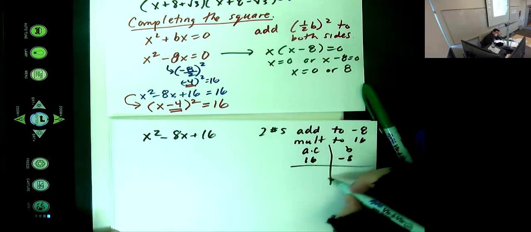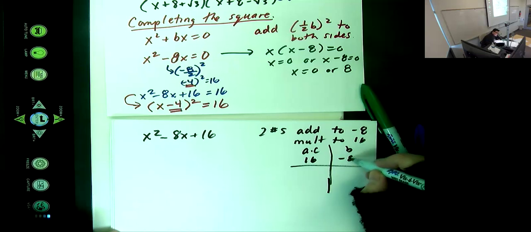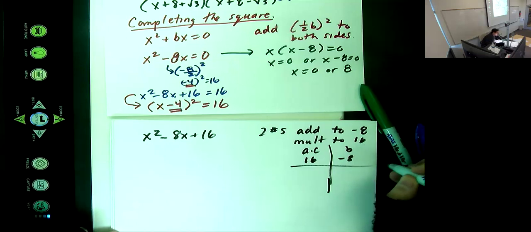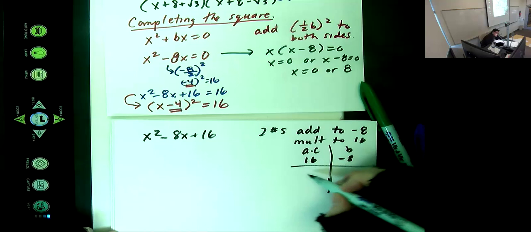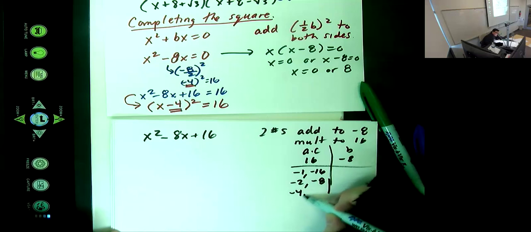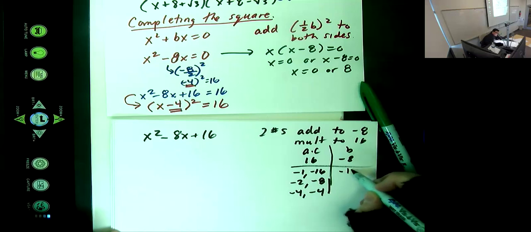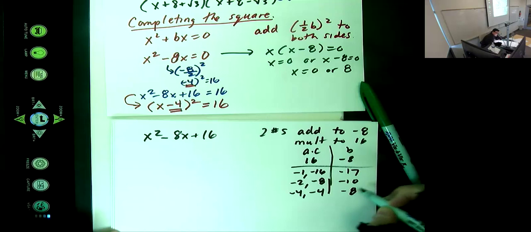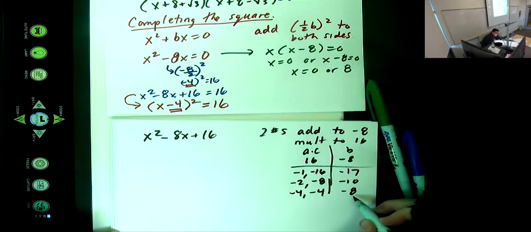And you can go down the list, but if they add to negative 8 and they multiply to a positive number, they both have to be negative. So you can do negative 1 and negative 16, negative 2 and negative 8, negative 4 and negative 4. Only one of these ends up being the right combination.